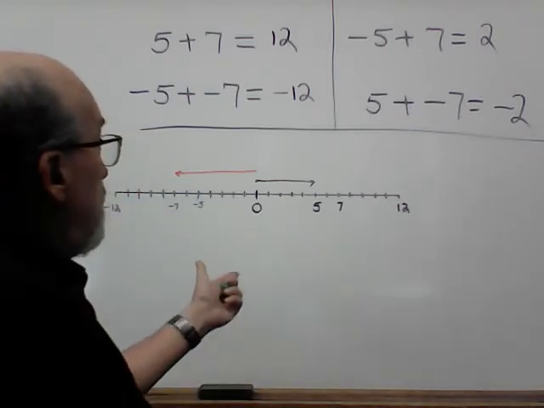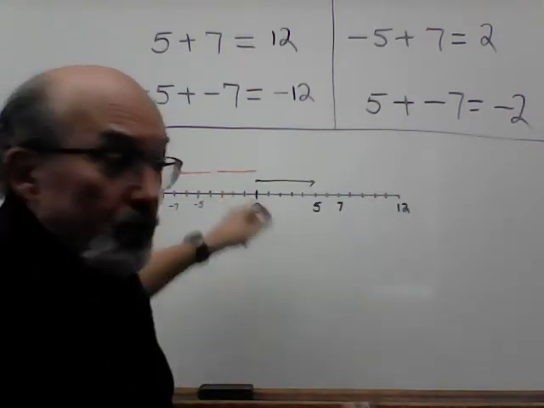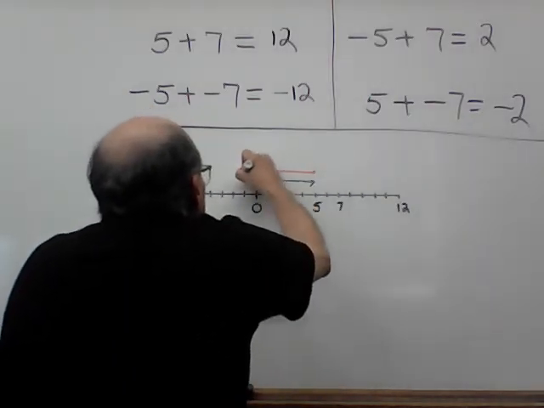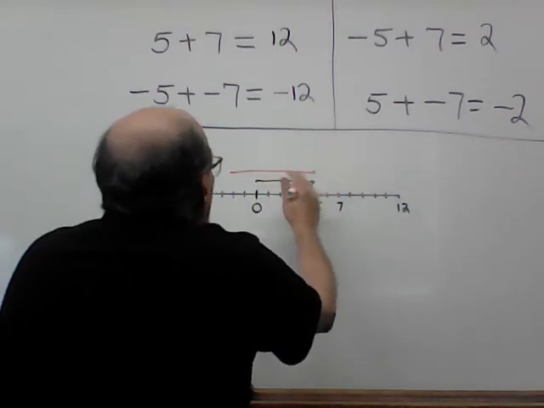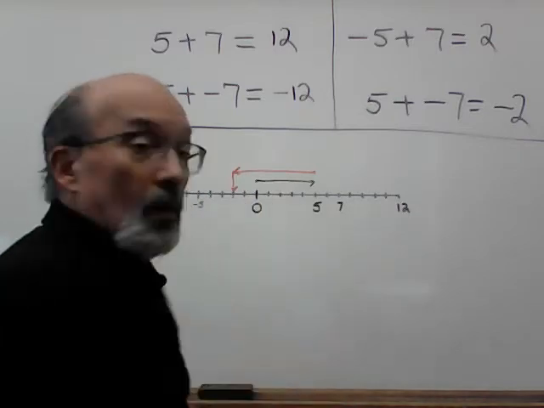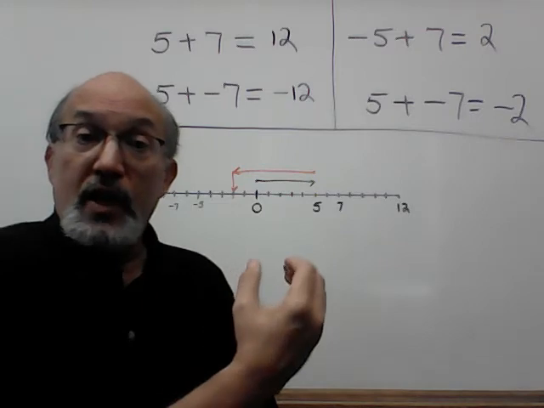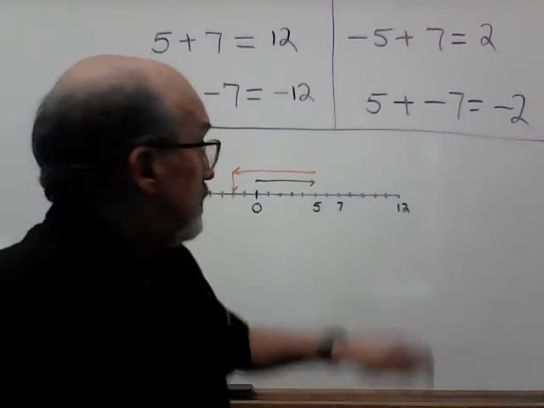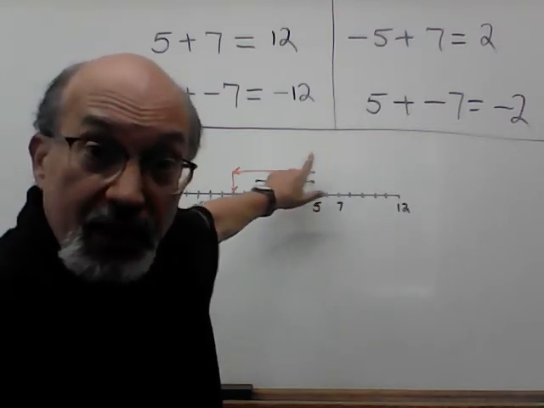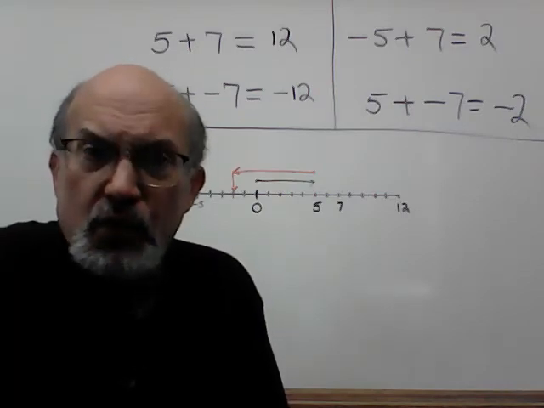I will pick the -7 to move. And this time, by moving that -7 vector so that its beginning point was at the end point of the 5, it actually now extends beyond 0 all the way to -2.